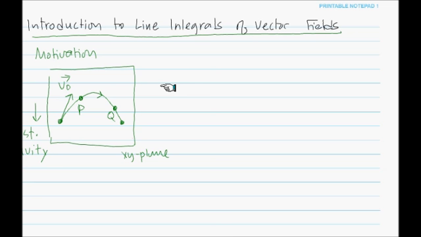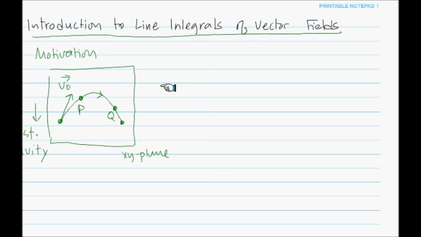As long as you're going from P to Q, this integral will be the same. But Q to P will have the same magnitude but the opposite sign. As long as we're going from P to Q, how you parameterize from P to Q doesn't matter, as long as we keep this orientation. So that's what this line integral is.